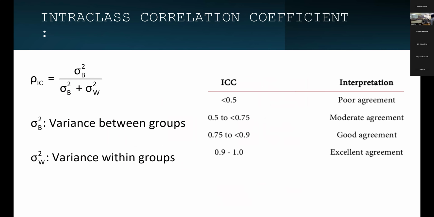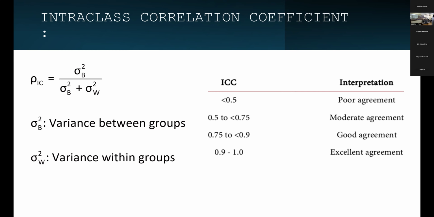We're trying to isolate that this much variation is because of the difference between the different companies, and the other segment of that variation is due to the intra-company variation. When we compare the two, we get this intra-class correlation coefficient. So this is what we use for continuous variables.